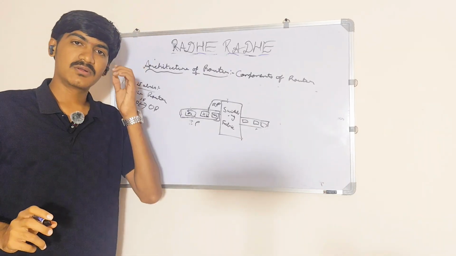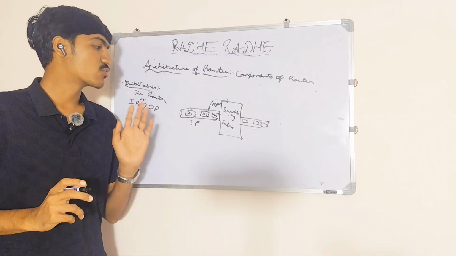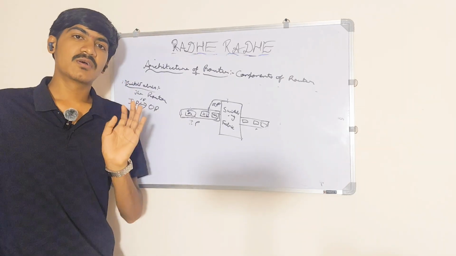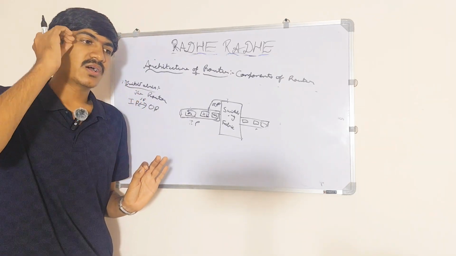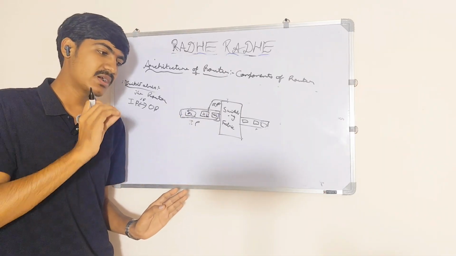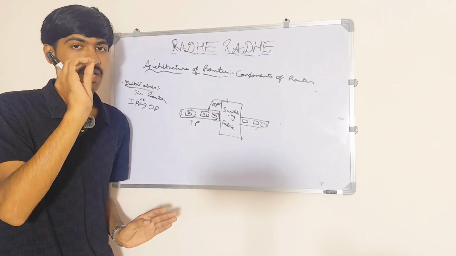Now there are two ways through which switching is done. First of all, what is switching? It is the ability of the router, I mean the component of the switching fabric, to connect an input port to the appropriate output port.